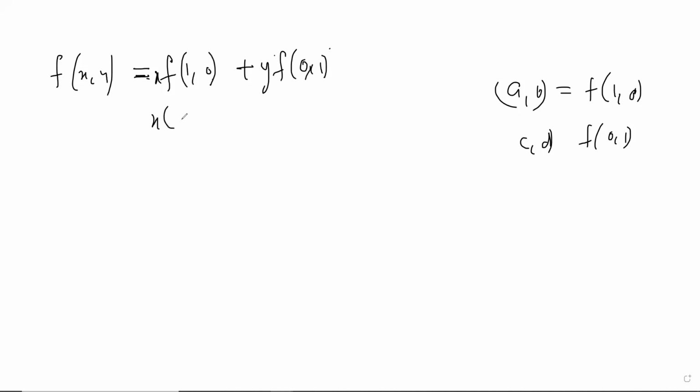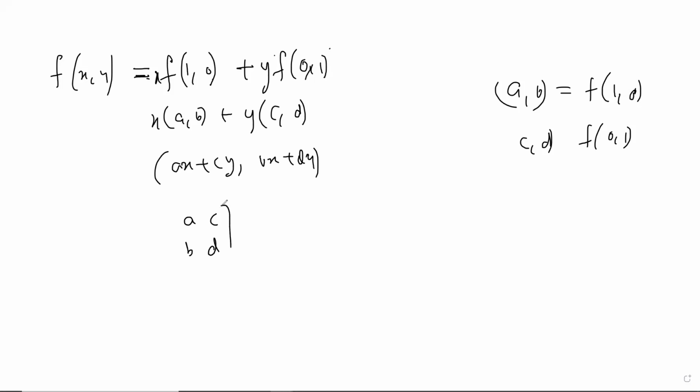So if this is (a, b) and this is (c, d), then let's write this again. You can write this as (ax + cy, bx + dy), right? And this is very clear now that the matrix should be this. Yeah, so there was something wrong I had written earlier. Now it is correct, right? So that earlier thing was wrong.